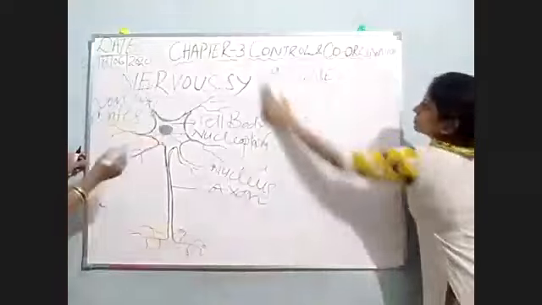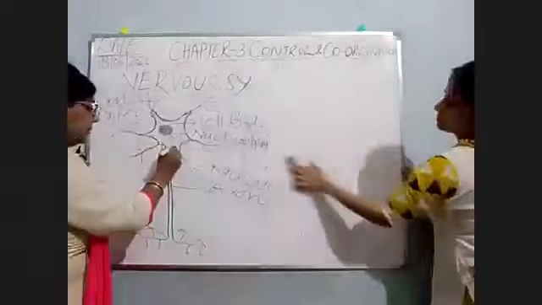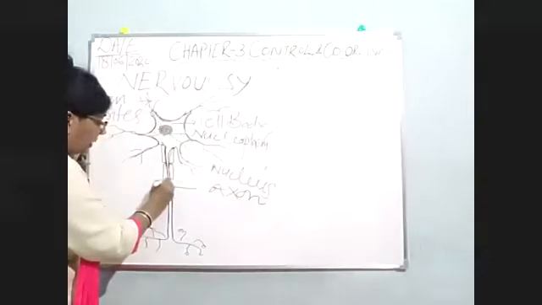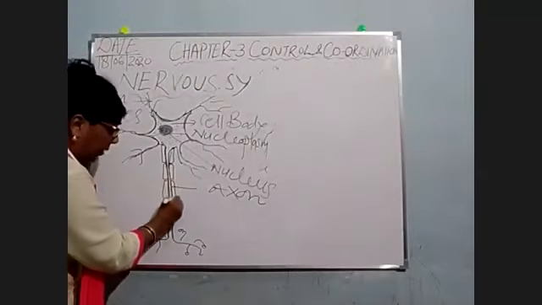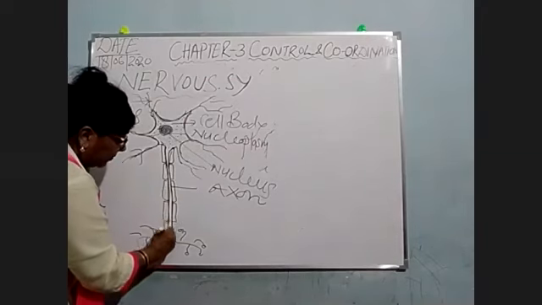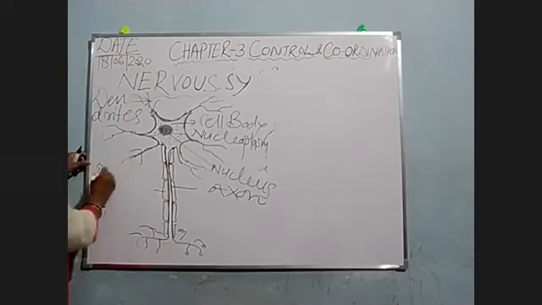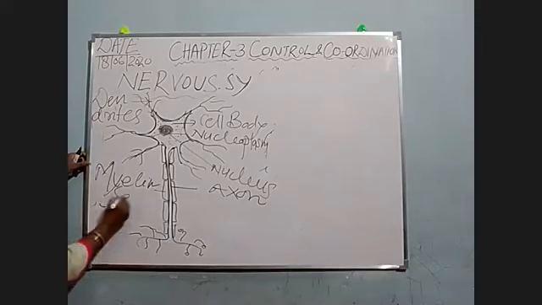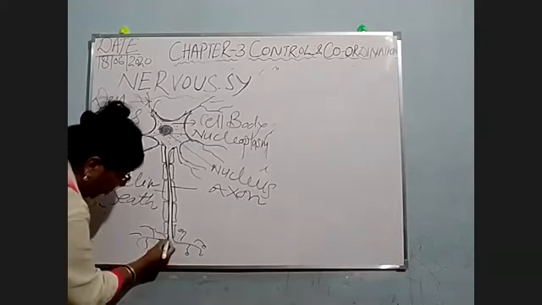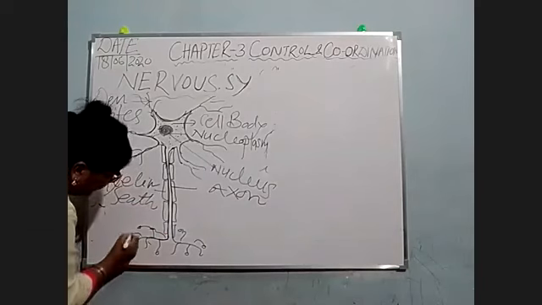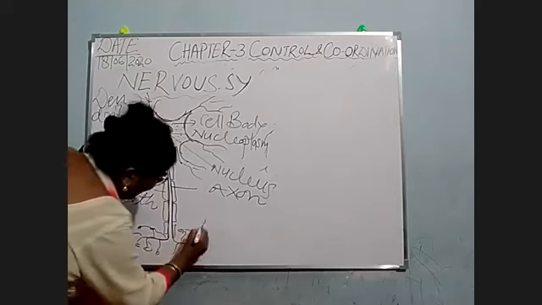This axon is mostly covered with a sheath known as the myelin sheath, though sometimes it may not be covered. In the lower portion, the axon again forms a branched structure, and these are called nerve endings.